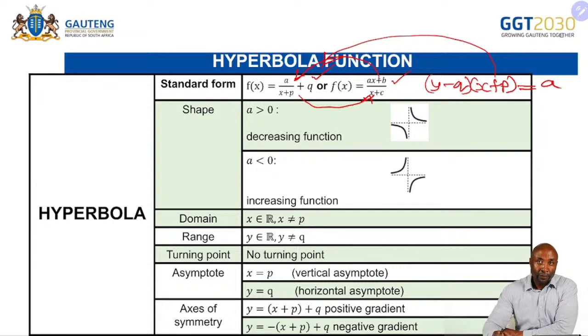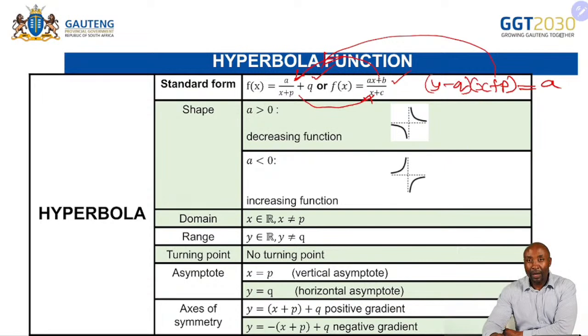The a for a linear function, we use the gradient formula to get a. Our a for the quadratic equation, we know that we can use the x-intercepts and a point, and that will give us a. We can't use the gradient formula for us to get a for a quadratic function.